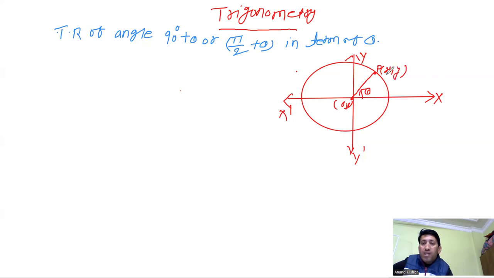We have taken a point x comma y on the circumference of the circle. For proving this, first we will draw one perpendicular on the x-axis from P.